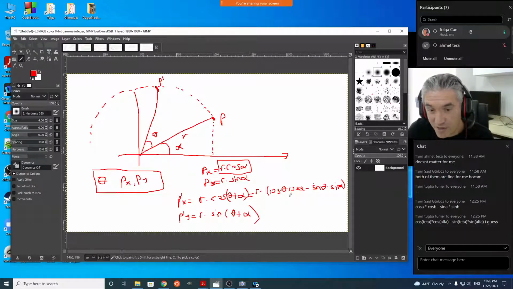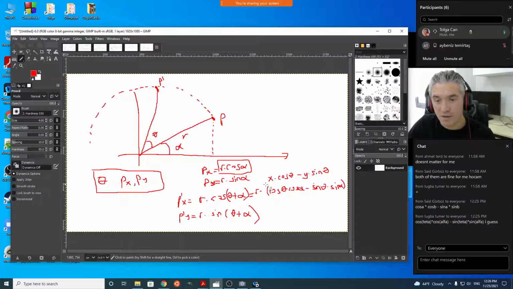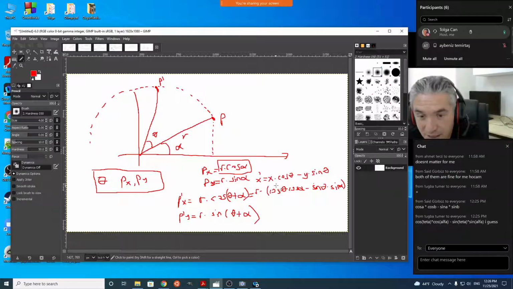R cos alpha, I already know that it's the x-coordinate. So the formula here would be x times cos theta minus, again, r times sin alpha is the y-coordinate, minus y times sin theta. Okay? So your new x-coordinate simply is, if you take your original x-coordinate, multiply it with the cosine of the angle you want to rotate, and subtract from it your y-coordinate times the sine of the angle you want to rotate, you get your x prime.